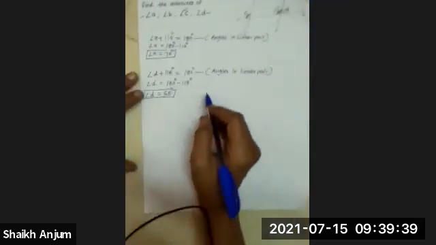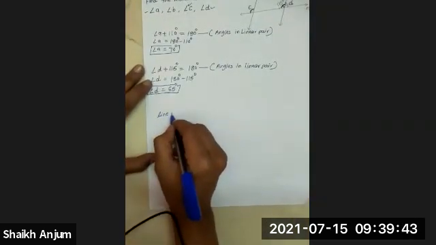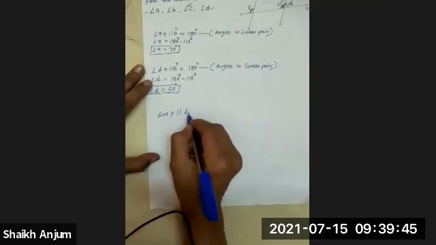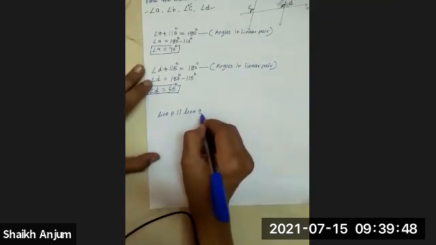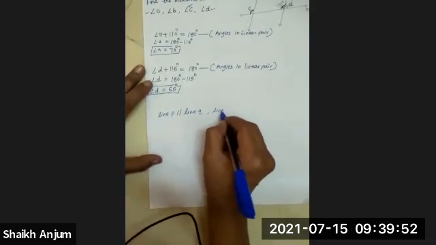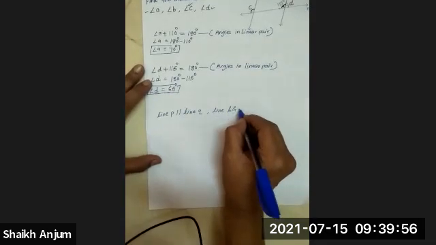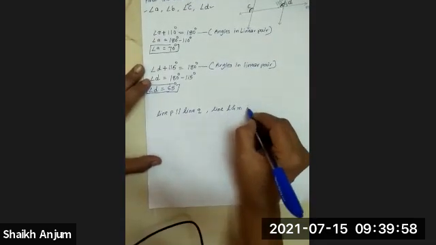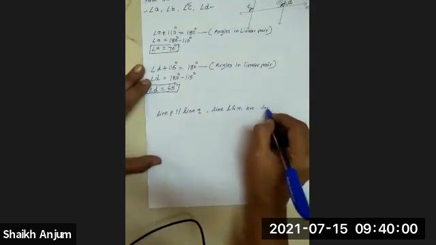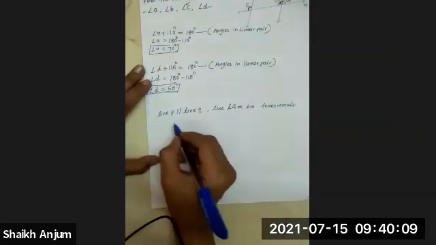So for angle C we will write: line P is parallel to line Q, and line L and M are the transversals.